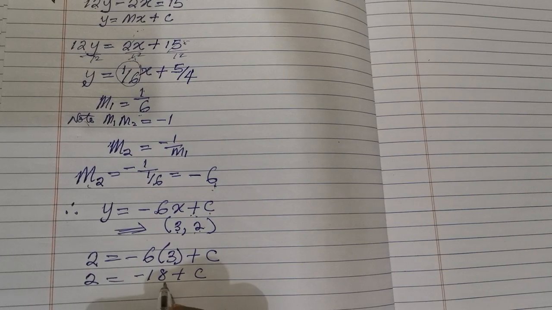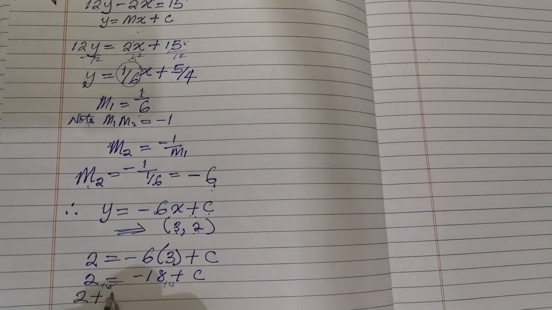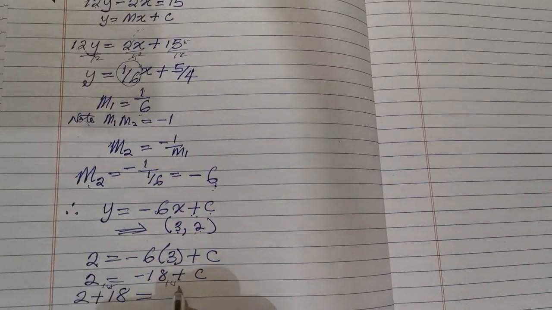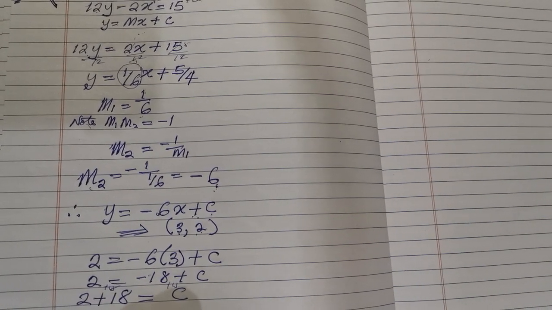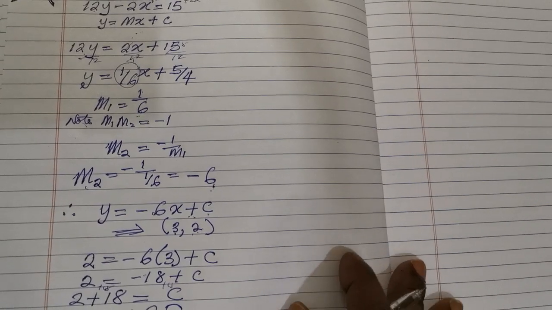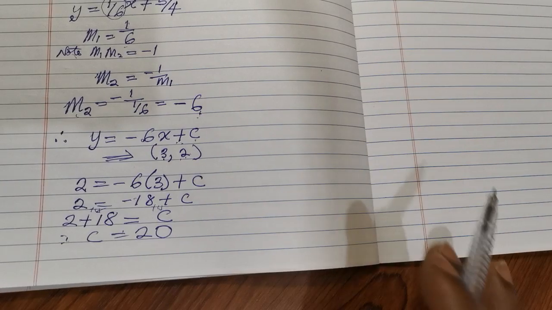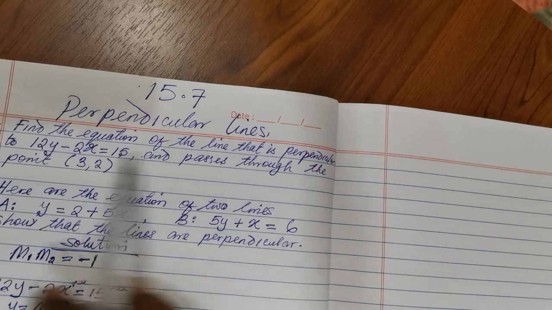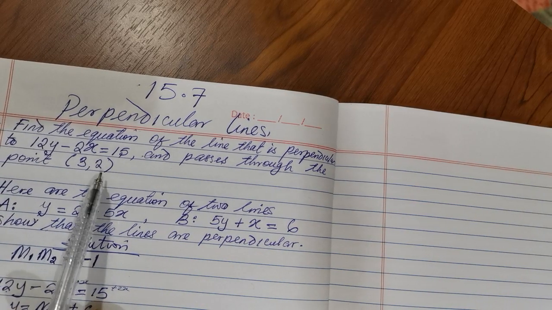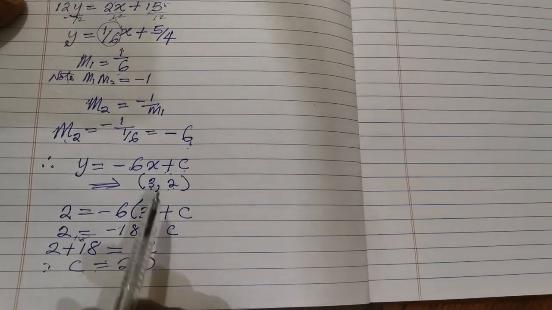If I add 18 to both sides, I have 2 plus 18 is equal to c. Therefore, my c is 20. This means that the line perpendicular to this and passes through the point, since I've obtained my c, I will substitute it here.